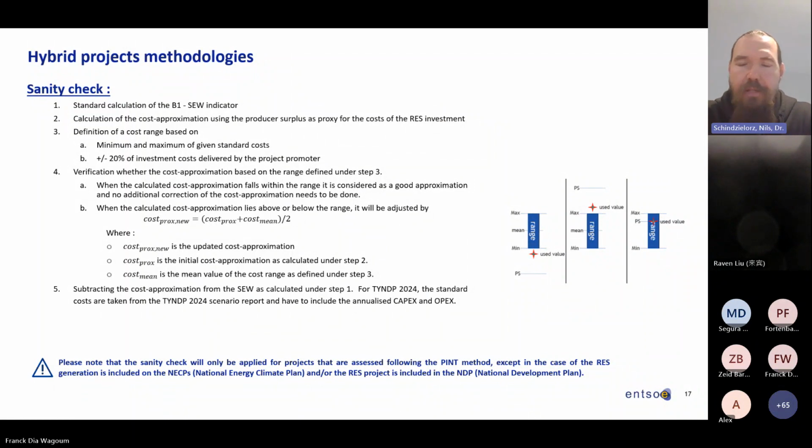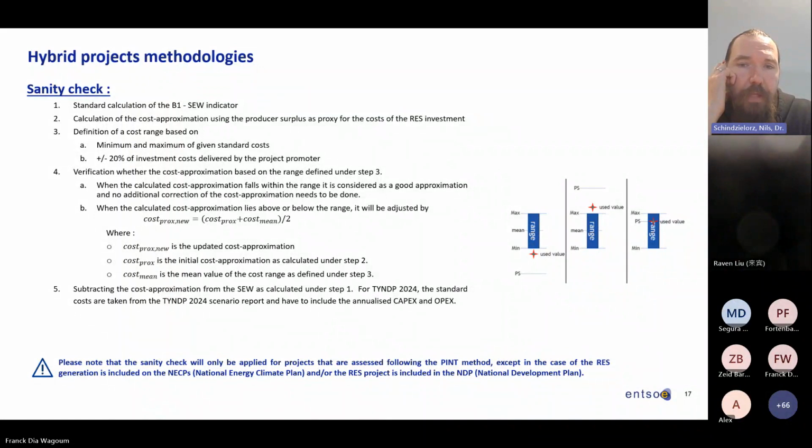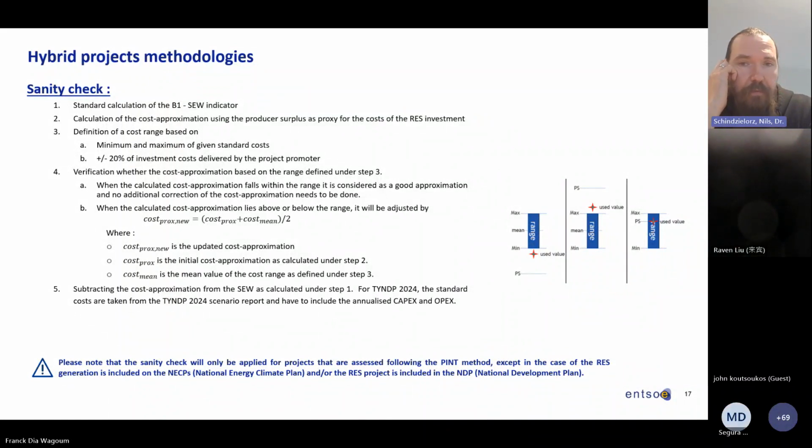And then we have, of course, the situation where the producer surplus can be both below or above the range. The methodology that we are applying is in both cases the same, just the sign changes. If the producer surplus lies below the range, the idea is that we would like to keep both pieces of information, from the calculated producer surplus and from the cost range, by applying a generalization of the producer surplus, which brings the calculated and the used value closer to the range together.